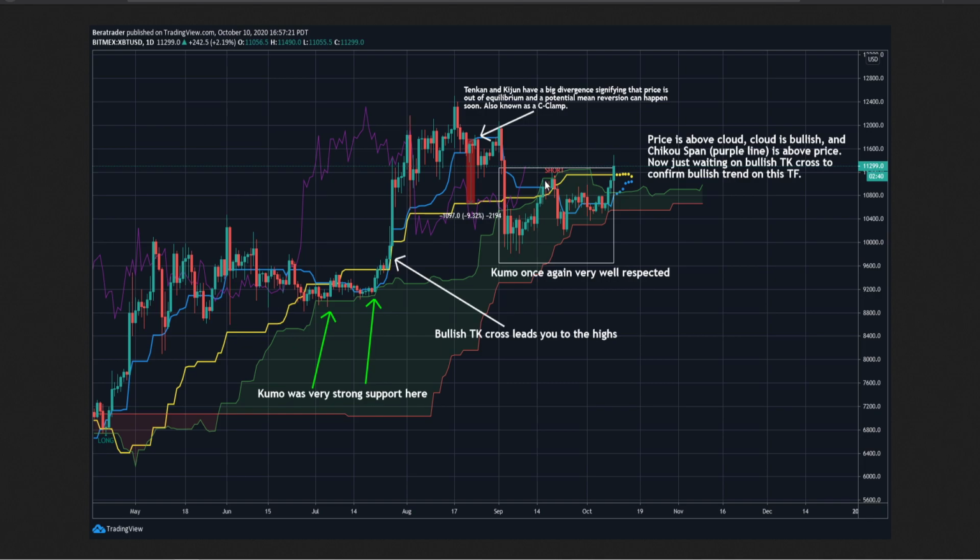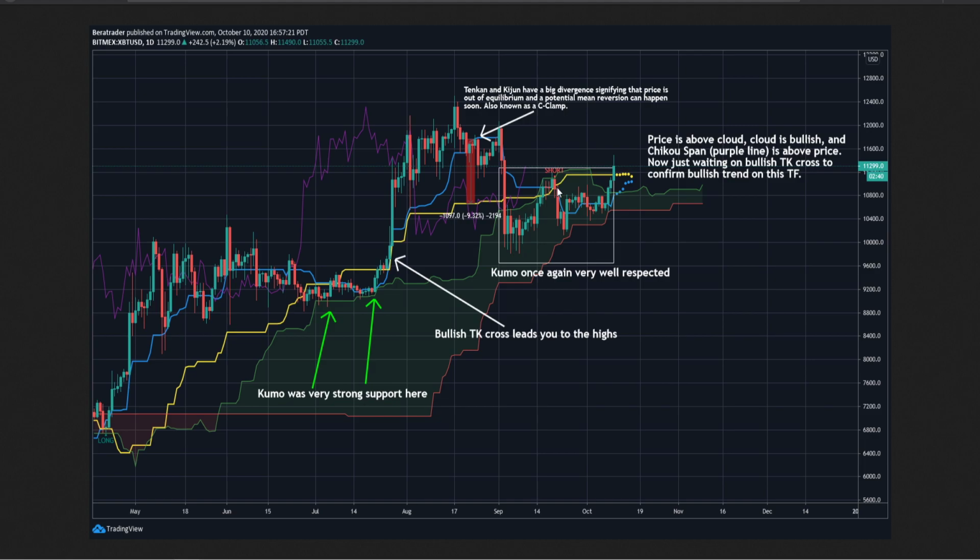Price really respected the cloud here before giving you a really good short entry here, because your Tenkan bearishly crossed your yellow Kijun. So that is a bearish signal, which for my particular indicator gave me a short signal right here around $10,900, which I actually took.